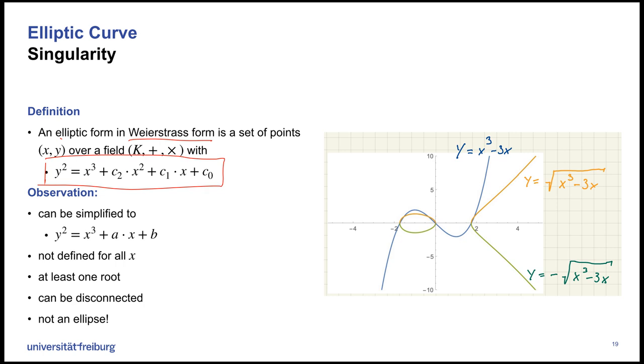So basically it means we compute the square root of the cubic function. The first observation is that this can be simplified by moving left and right into something like that. So we can move left and right and substitute y with something else. And we know that we have moved everything to the right.